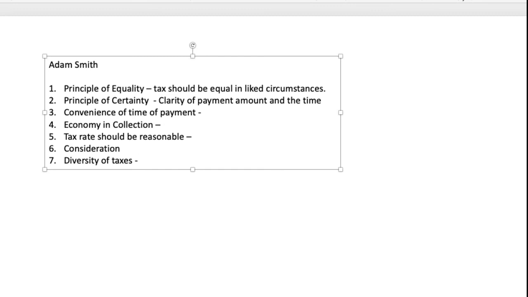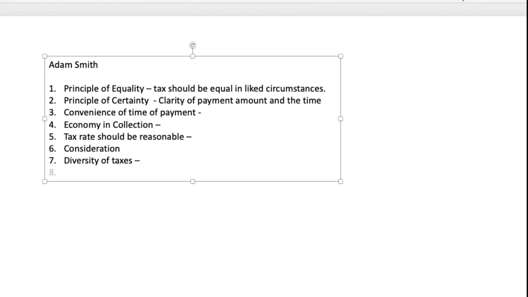We learned about direct tax and indirect tax yesterday, right? Direct tax is income tax, wealth tax, etc. Indirect taxes are GST, VAT, customs, excise. So diversity of taxes is there, right?